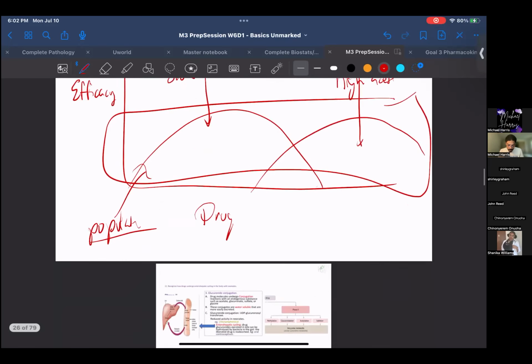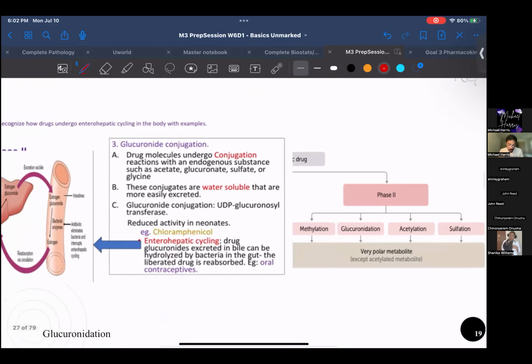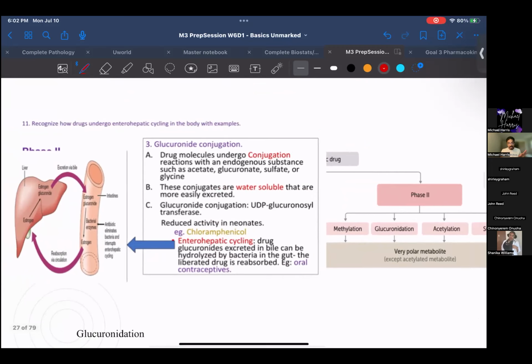All right. Now, here's the other one with glucuronidation, conjugation stuff. It's essentially bioconjugation. The only thing is this drug undergoes biliary excretion, so it gets excreted in the bile. And as such, it can get broken down by the bacteria in the gut and then get reabsorbed.